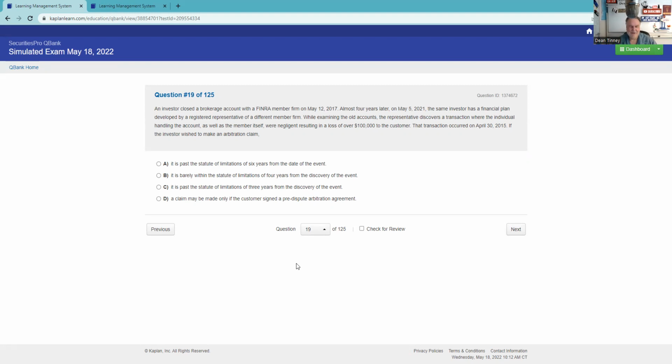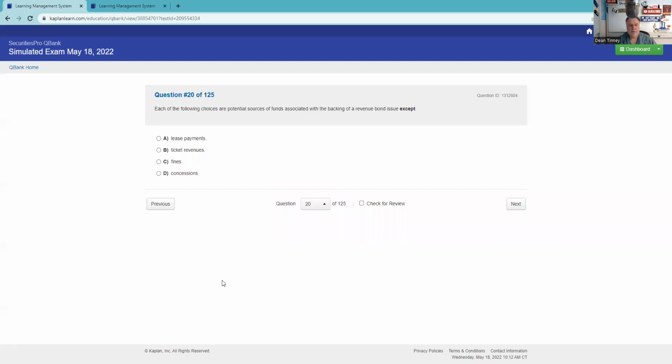If the investor wished to make an arbitration claim, now this is way overboard on the test. You just kind of know there's a 6-year statute of limitations for arbitration. So you don't have to really know it at this depth. All you really need to know is that this is past the statute of limitations, 6 years from the date of the event, which is choice A. I wouldn't worry about all this gobbledygook here. I would just know it's 6 years as a name-and-shoot, point-and-click question.